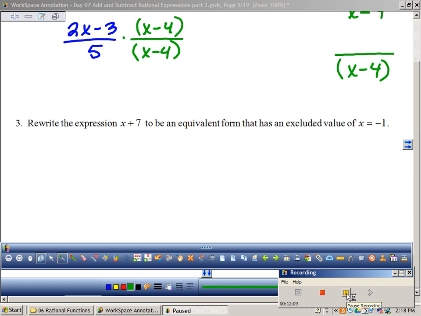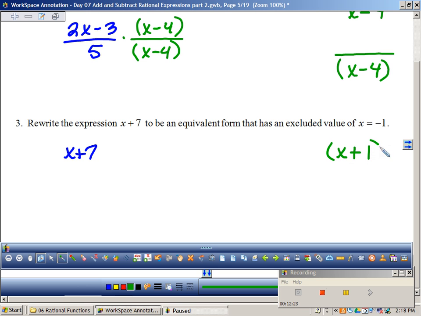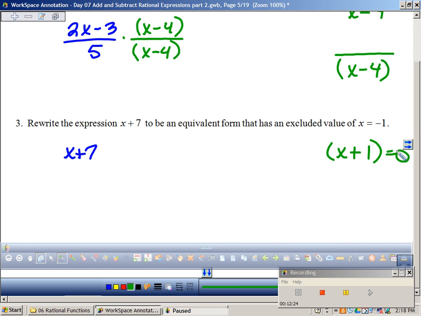I'm recording. All right, so I have to rewrite this expression, which is x plus 7, to have an excluded value of x equals negative 1. It's like we're working in reverse, right? So that would be an excluded value of x cannot be negative 1.